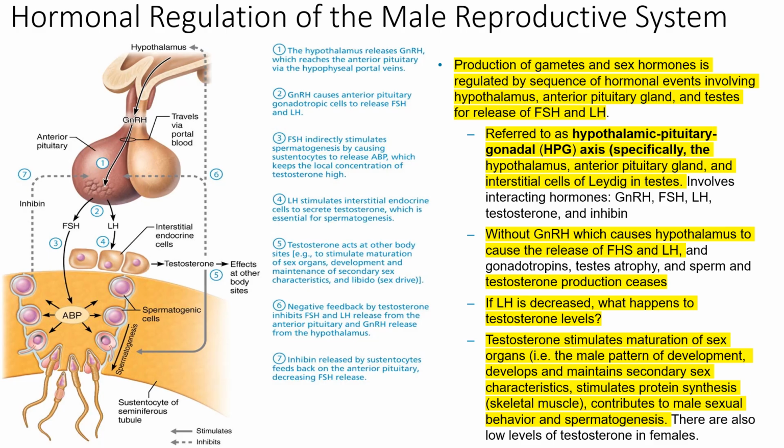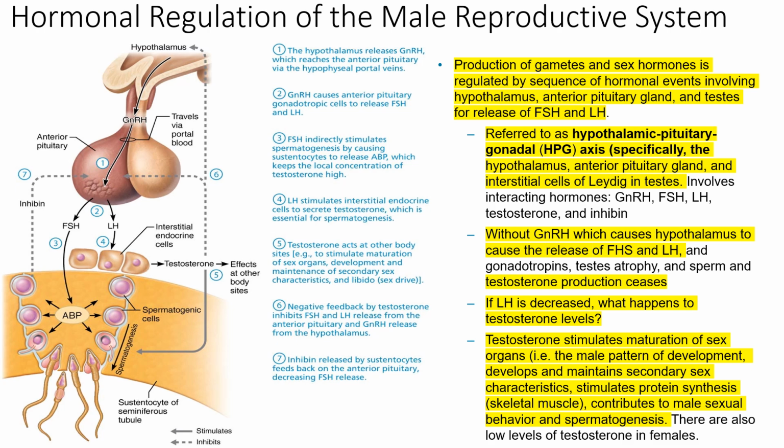And follicle-stimulating hormone indirectly stimulates spermatogenesis by stimulating the sustentocytes, which are Sertoli cells, to release a special hormone called androgen-binding protein.